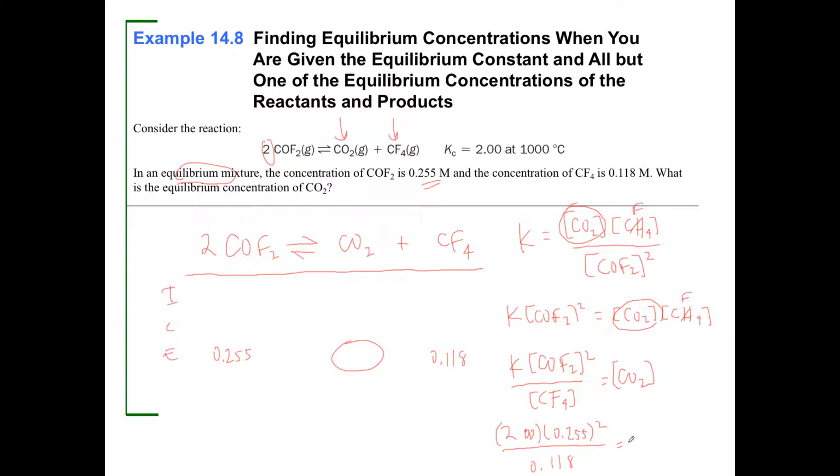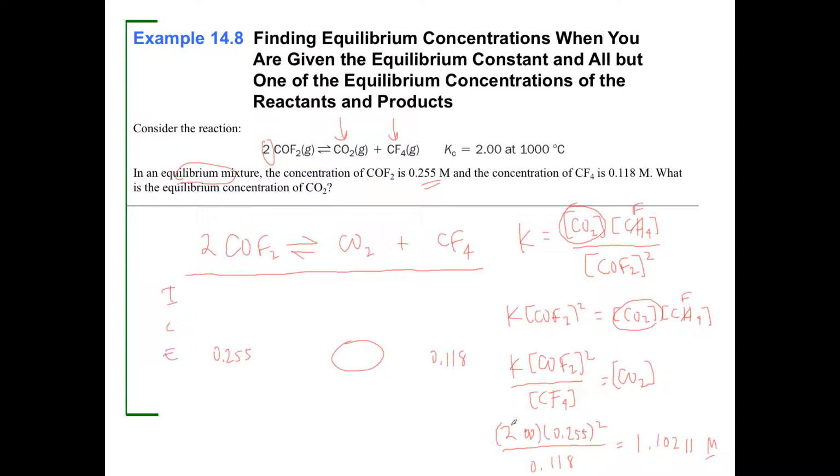Put it in my calculator very carefully. 0.255 squared times 2 divided by 0.118 is equal to 1.10211. Okay, and that's going to be molar, right? Because these are concentrations.